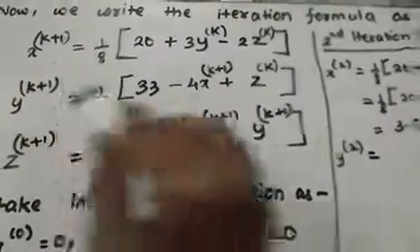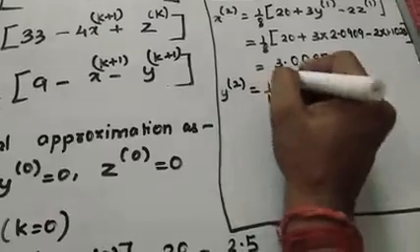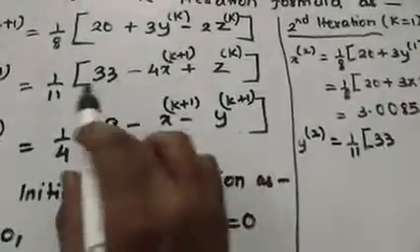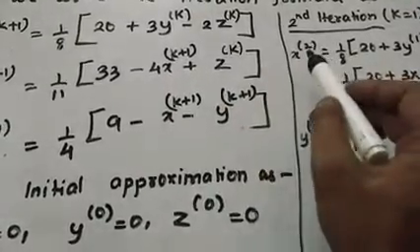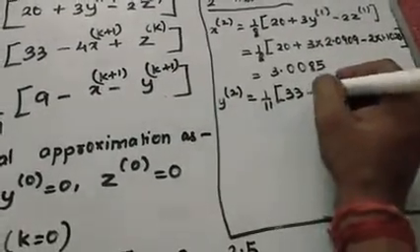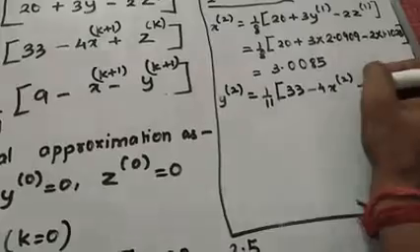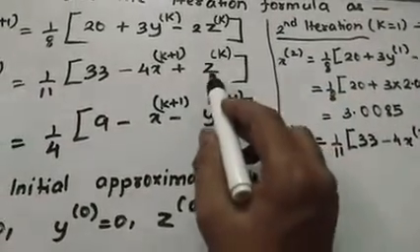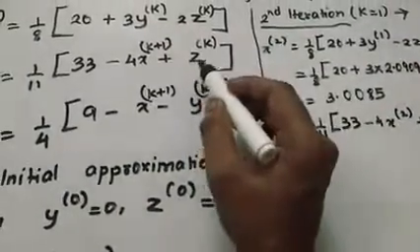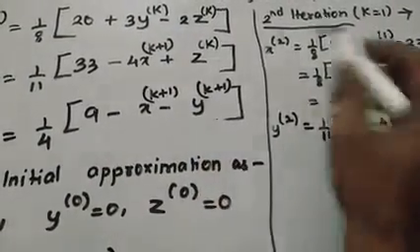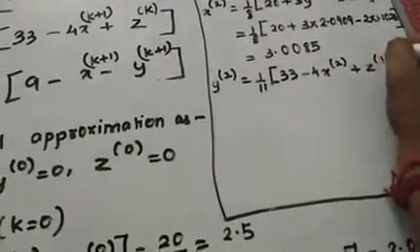Okay, now y2, k equals to 1, 1 plus 1 is 2, 1 by 11. Now what is the formula? The same formula. Now here x will be 2, because we have already found our x2. So we put here 4 x2 plus, and till now we don't know z2, so we will use our previous z1. That means putting k equals to 1.